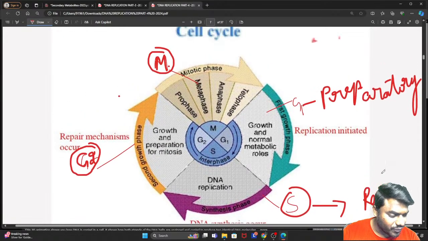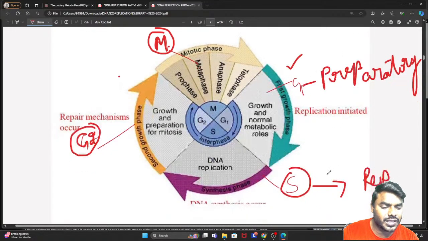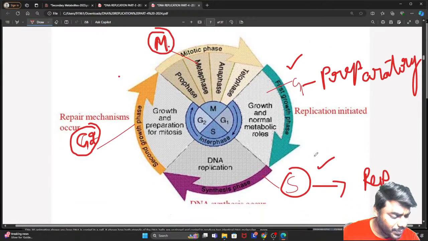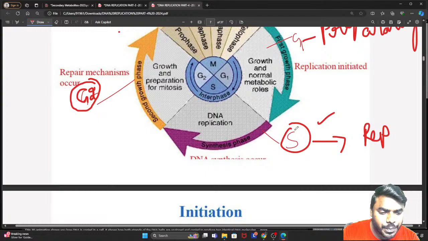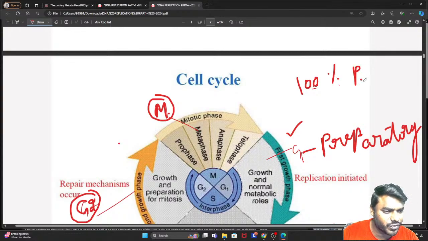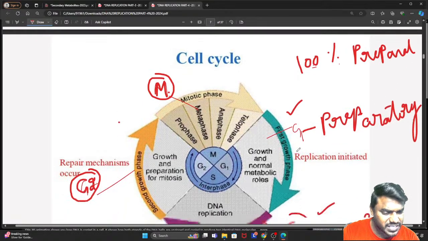But anyway, we all have to focus majorly on the G1 phase and S phase. Most of the students will get confused here. People think that DNA is preparing itself in the S phase and DNA is replicated also in the S phase. Now listen to my statements. I'll explain elaborately in the upcoming slide, but first remember: 100% of preparation happens in the G1 phase.